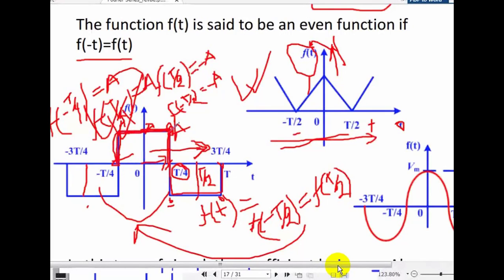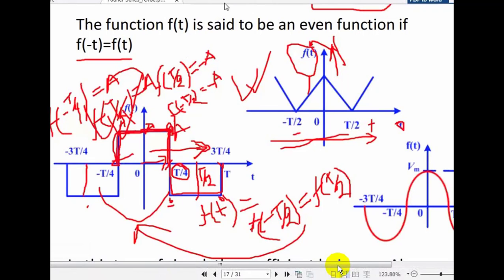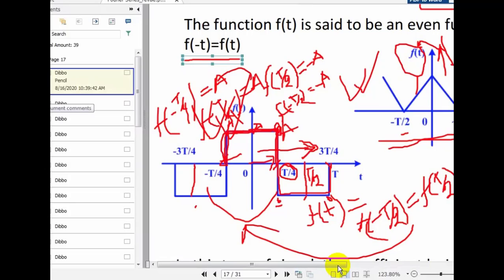So whichever point it touches first, you have to consider that point. Clear? Anyone has any question?